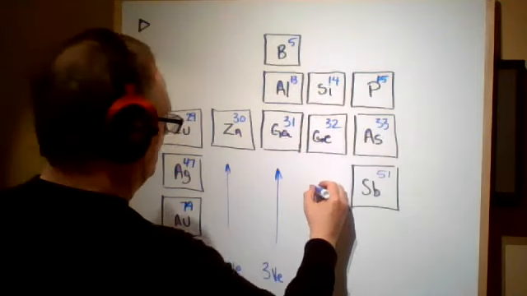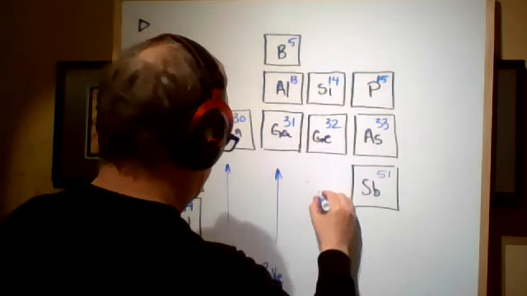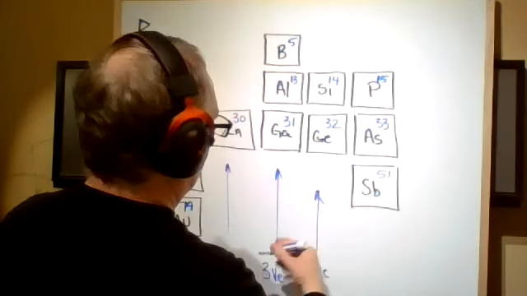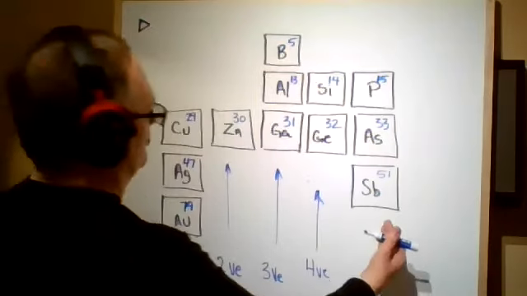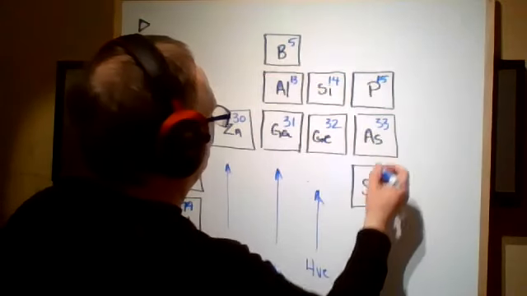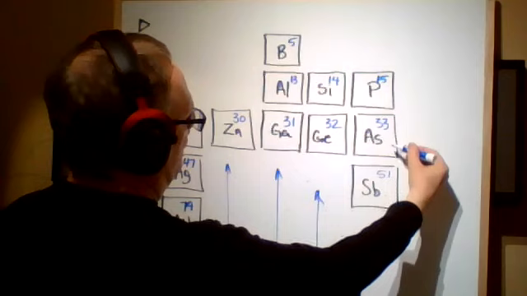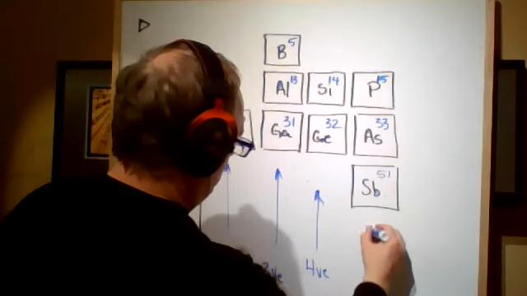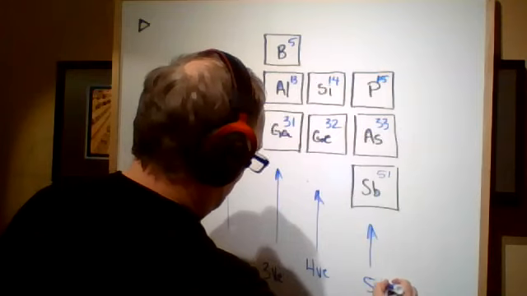Silicon, we've already talked about. We know there's actually 4 valence electrons. And as we move past into the larger atoms, these ones being phosphorus, arsenic, and antimony, we're now looking at 5 valence electrons.